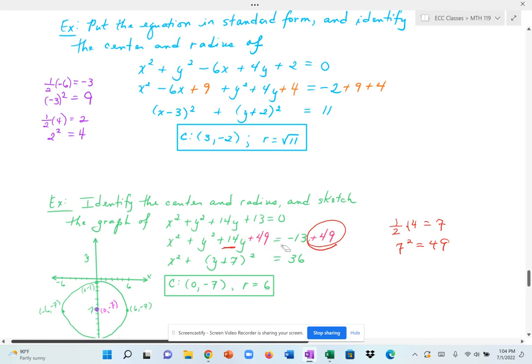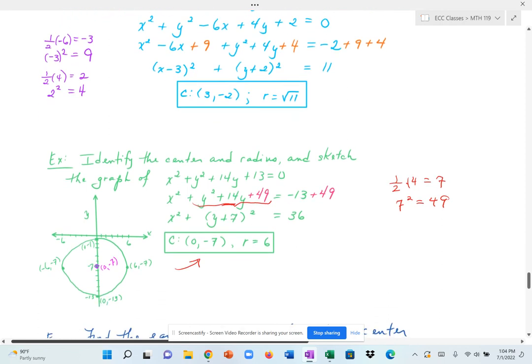That then leaves me with x squared plus, and this whole thing factors into y plus 7 squared equals 36. This is now my equation in standard form with a center at 0, -7, and a radius of 6. And that's what it would look like.